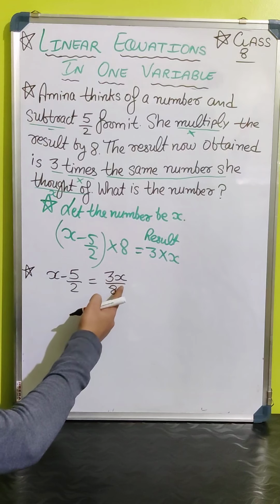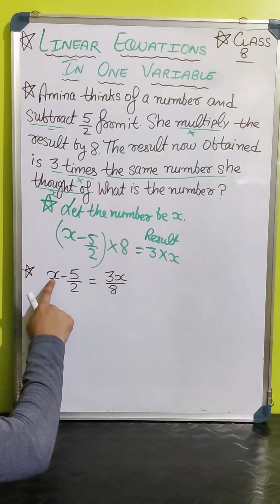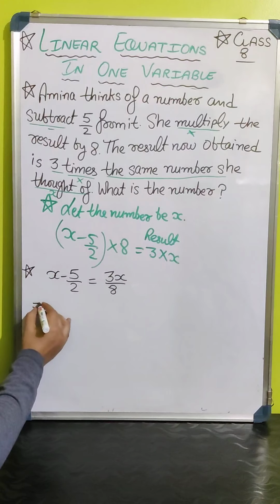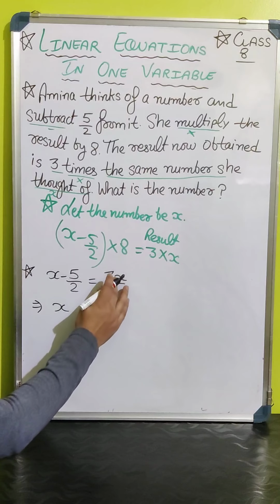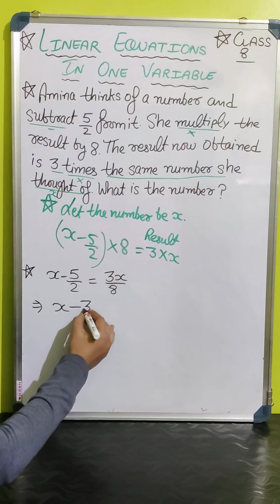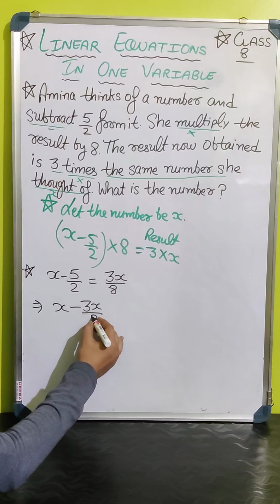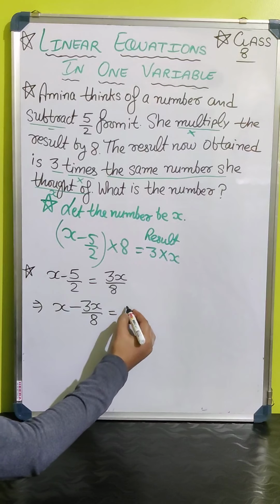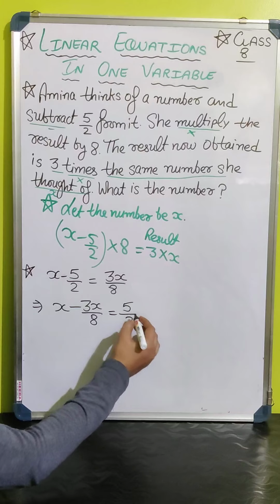Now this one is also a variable. Now take the variable to that side also, or you can take this one also. I am taking 3x by 8 to the left hand side. So it should be x minus 3x divided by 8. Now this is only the constant value 5 by 2. So when it goes to the right hand side, it will be 5 by 2.